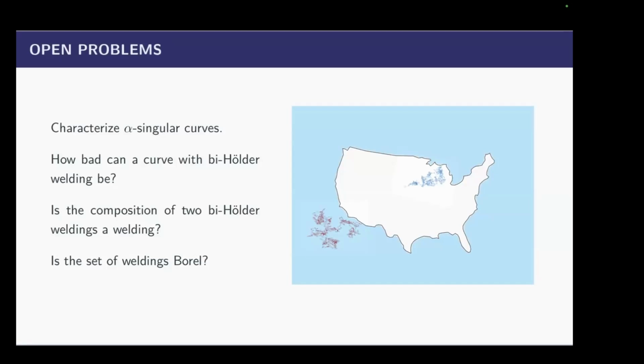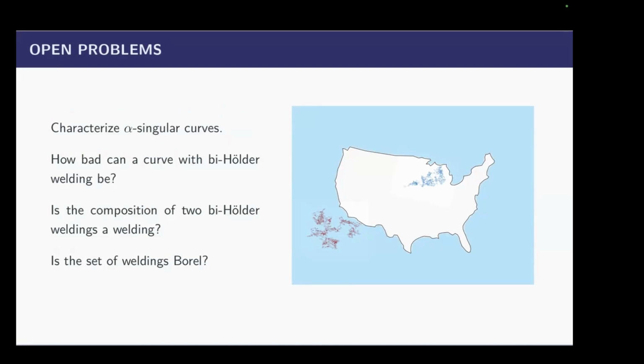So these log singular circle homeomorphisms are associated with some curves that are called flexible. And one very interesting problem would be to characterize alpha singular curves, in the sense that it would be ideal to know what are the curves that yield circle homeomorphisms that are singular with respect to some Hausdorff measure.